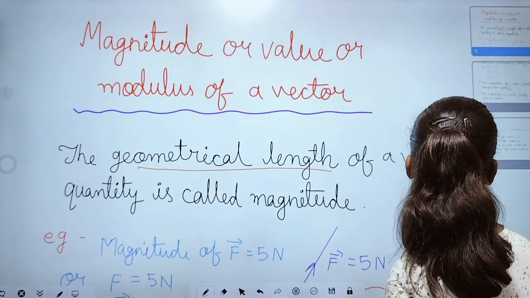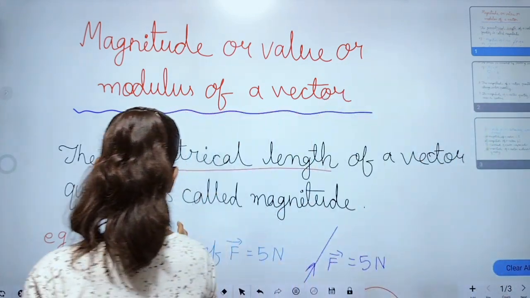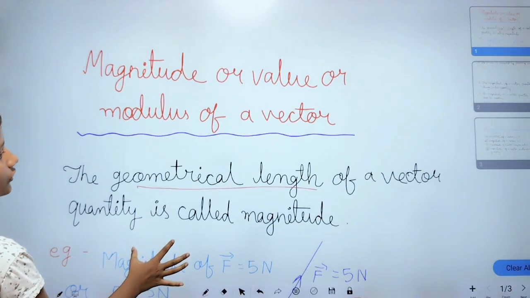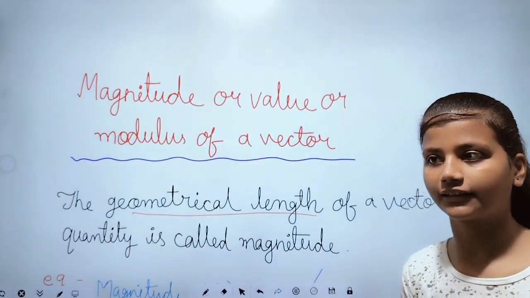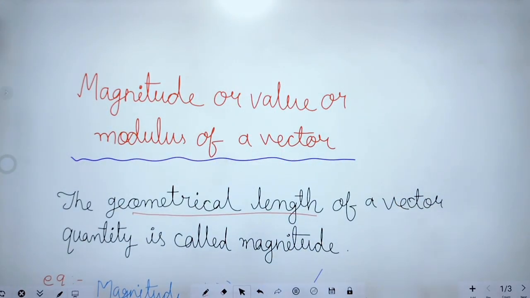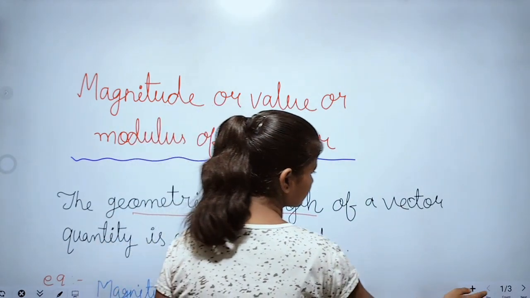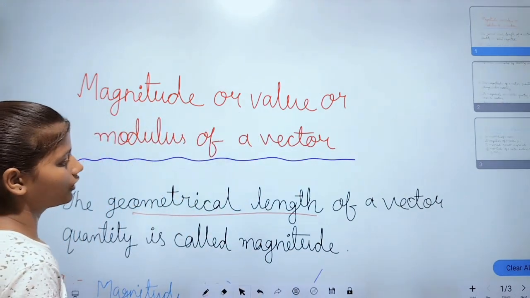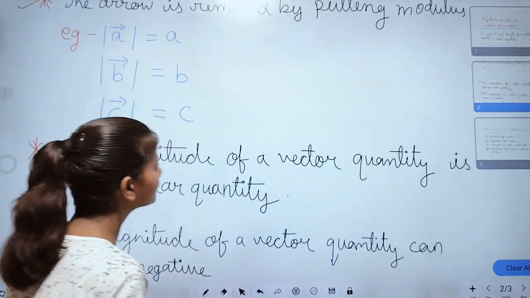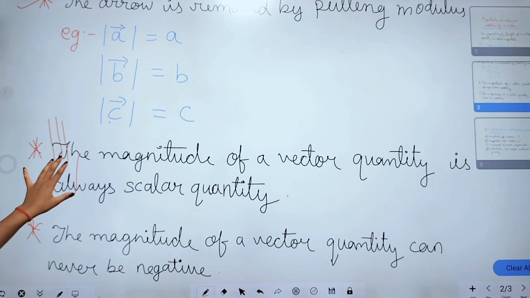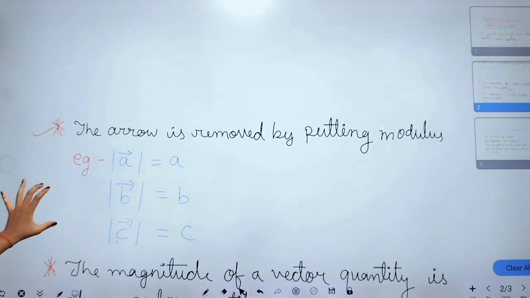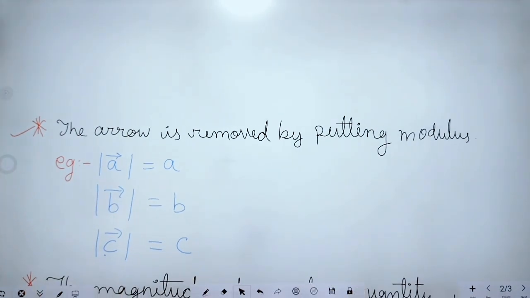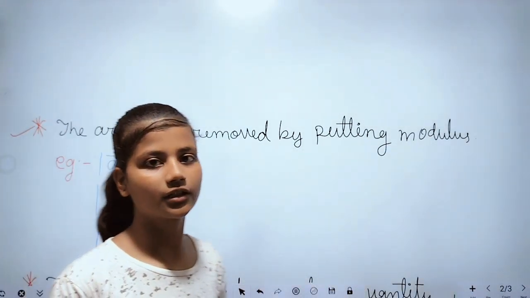So today we discussed magnitude, or you can also say value or modulus of a vector. The geometrical length of a vector quantity is called modulus, and the arrow is removed by putting modulus.